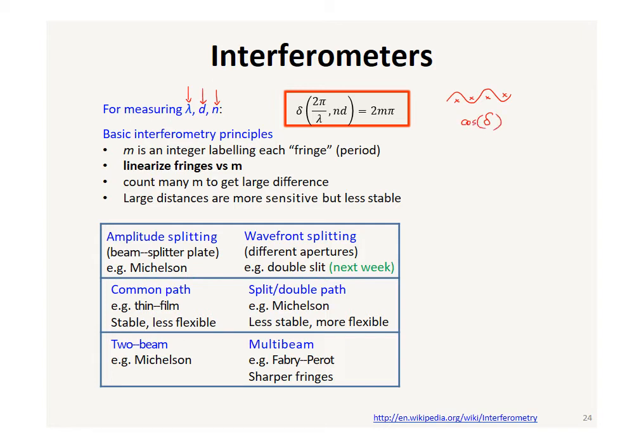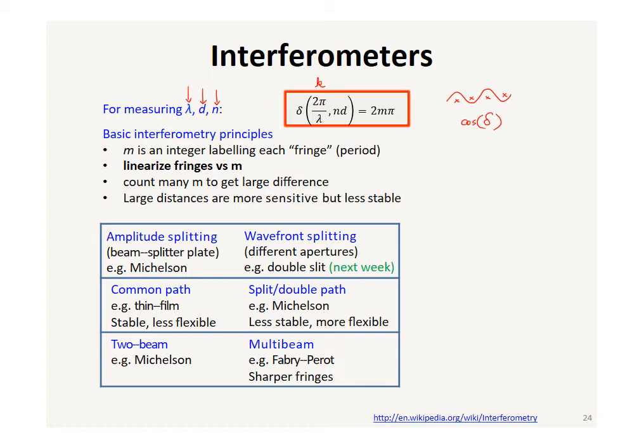So this phase, as we know, is a function of k, where k is 2 pi on lambda. And it's also a function of any differences in distance.